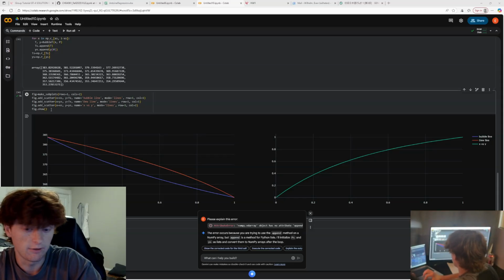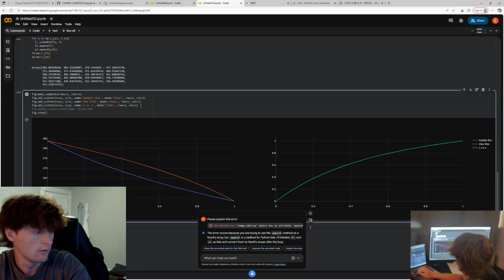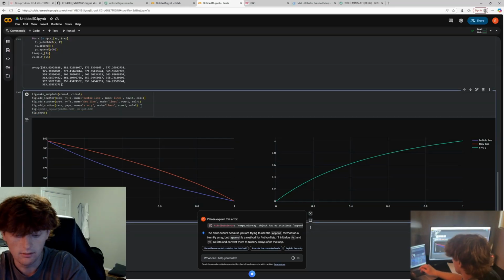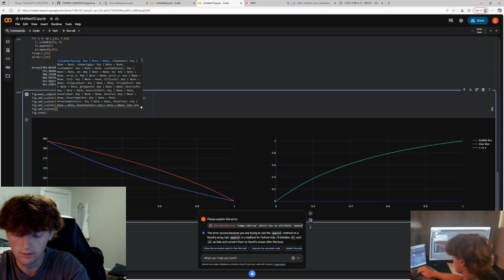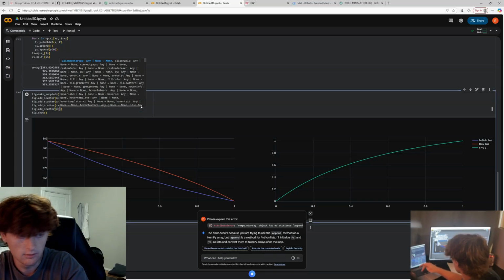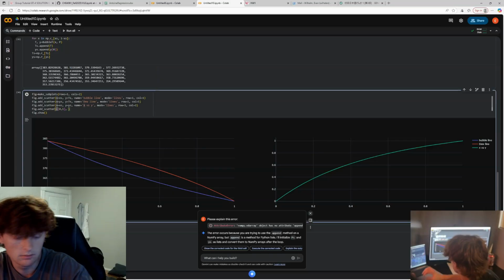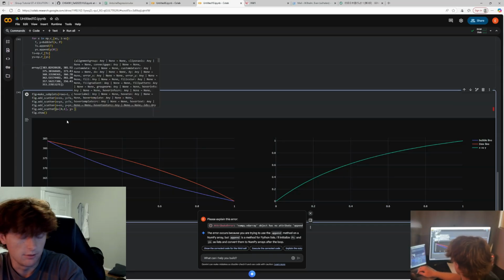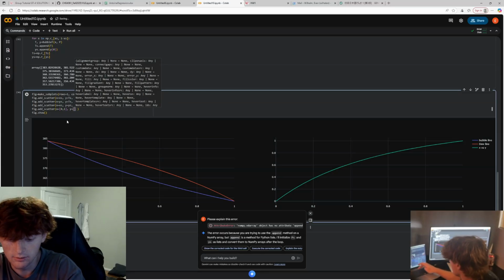Right, we need our 45-degree line on our x versus y graph. So fig dot add underscore scatter. So x from 0 to 1, and then we want y is equal to 0 to 1 still.